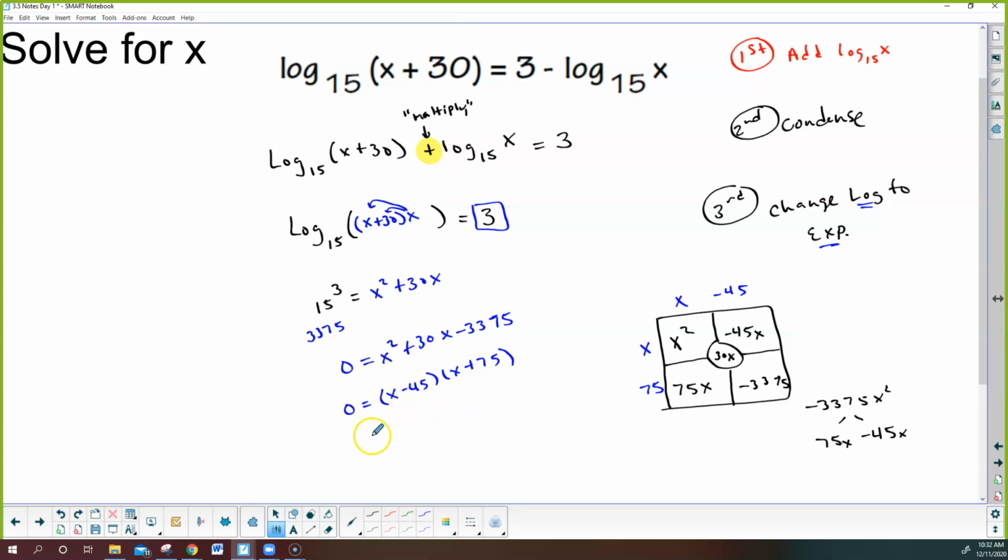We get the zero product property, we set each factor equal to its own zero, and then solve.